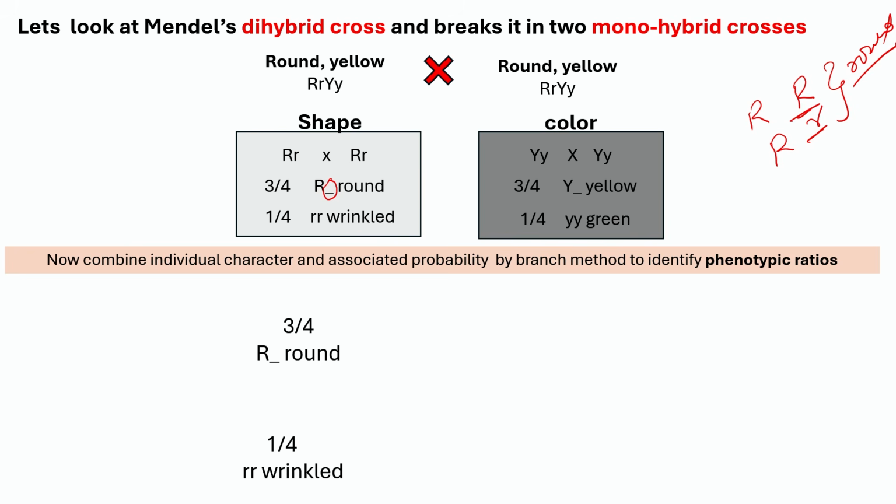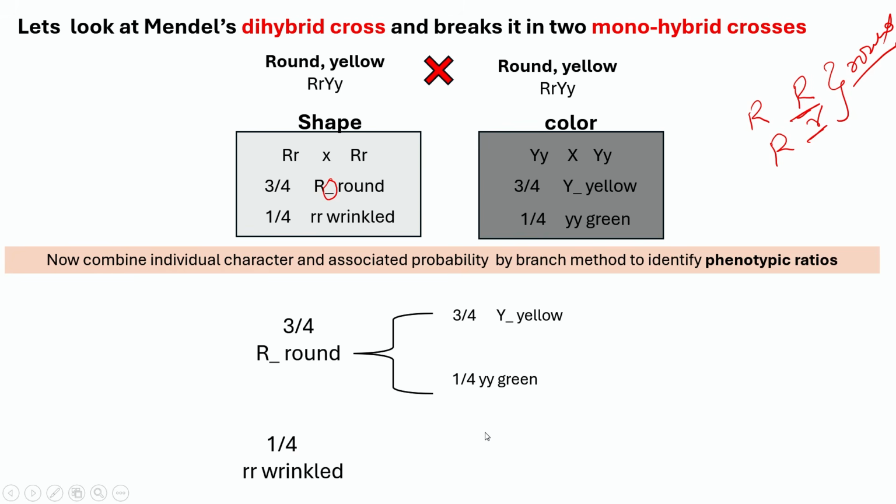See, 3/4 round and 1/4 wrinkled have equal possibility to go with yellow or green, right? So this 3/4 round has 3/4 probability to be with yellow and 1/4 probability of going with green, but there are equal chances of going with either yellow or green.